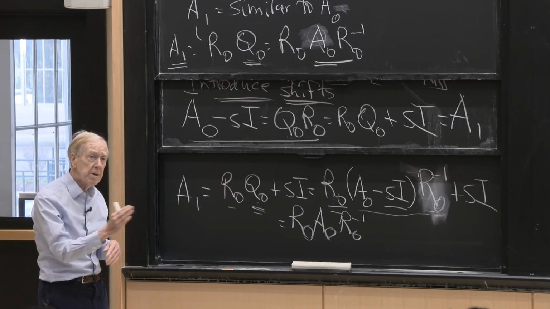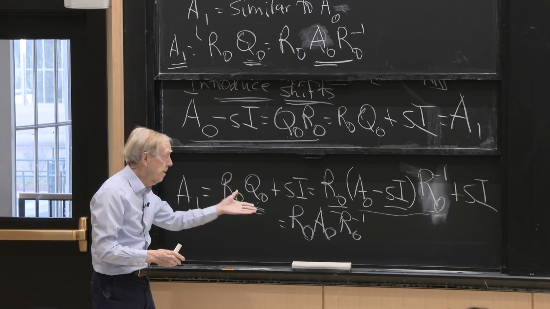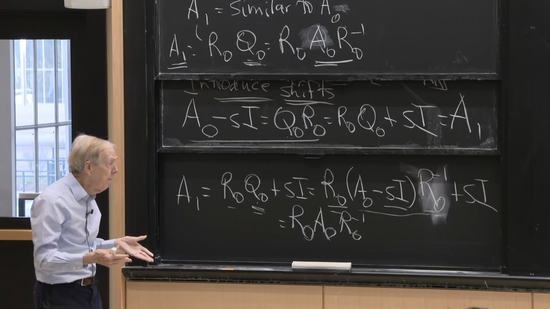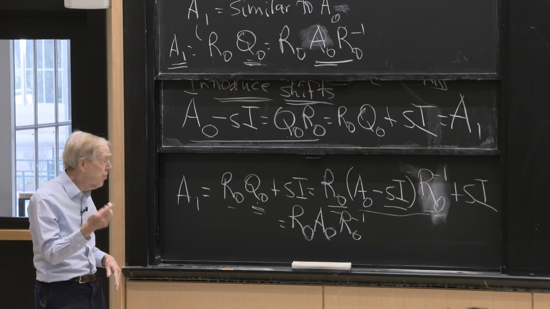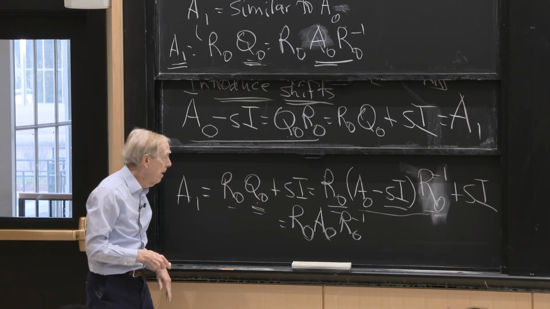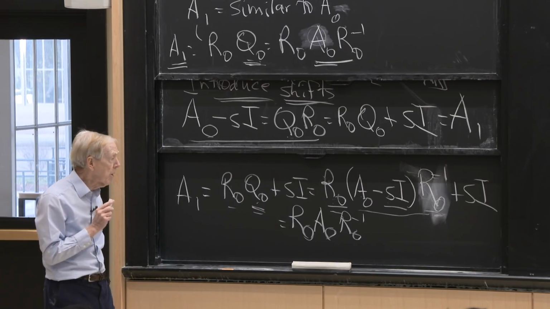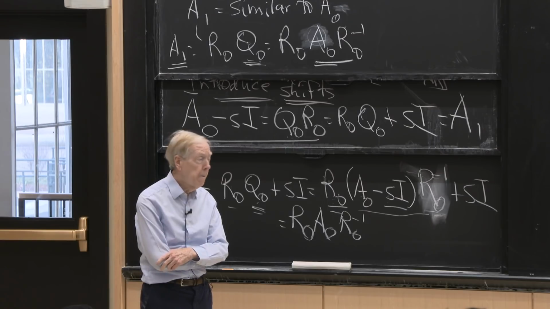So we messed around by a multiple of the identity, and it actually makes the thing converge faster if we choose the shifts well, but basically the same idea is still working. Okay, so that's the QR method.